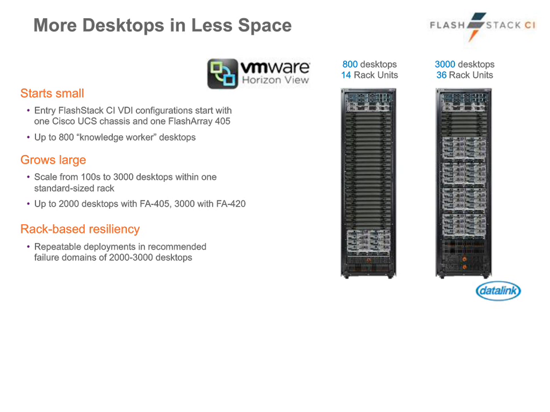So our entry-level array, which is the 405, is great for small and medium-sized deployments. And if you want larger deployments, then we also have a 420 and a 450 series of flash arrays, which basically give you more capacity and also give you more performance.